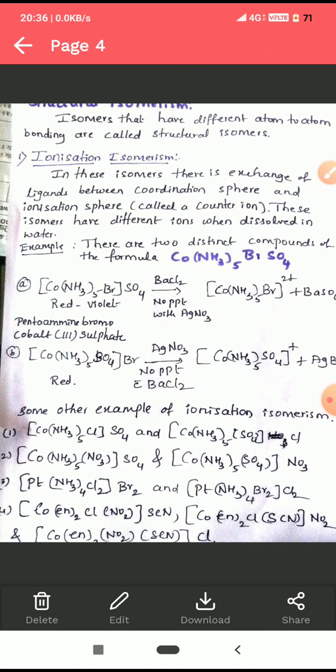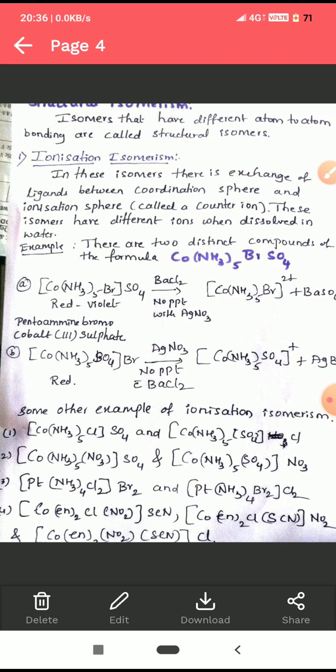Structural isomers are isomers that have different atom to atom bonding. The molecular formula will be the same, but the atom to atom bonding or the arrangement of the structure is different. Then they are called as structural isomers.